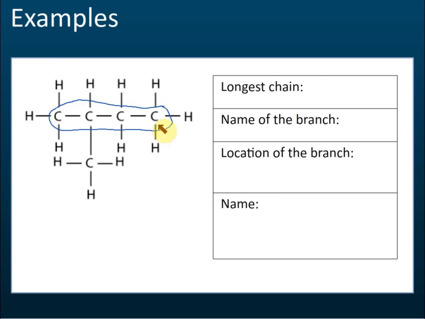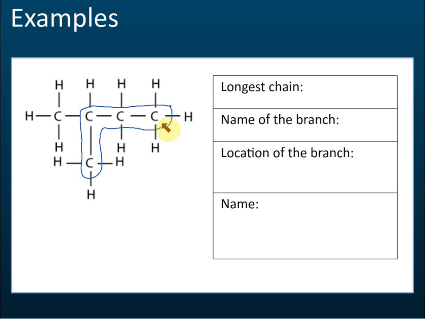If you don't like this to be the longest chain, you can choose this as the longest chain, because it also has 1, 2, 3, 4 carbons. So it can be this 4 carbon chain or that 4 carbon chain. It's up to you which one you like.